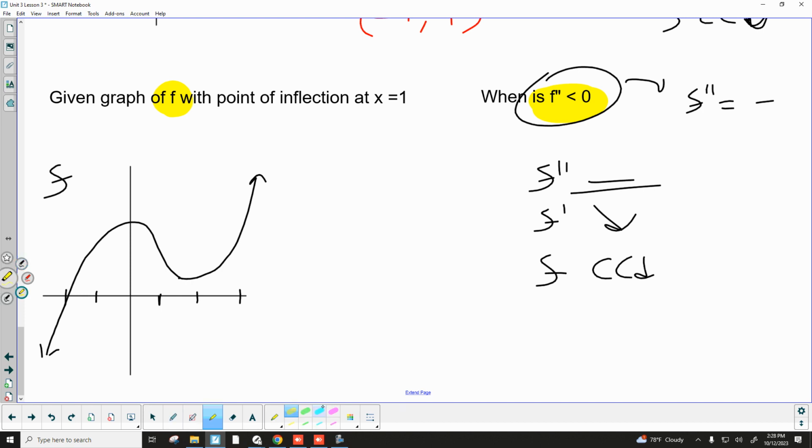Now they give you a huge hint here. They say, hey, this graph has a point of inflection at 1. So there is a point of inflection at 1. What's the answer? X is less than 1.